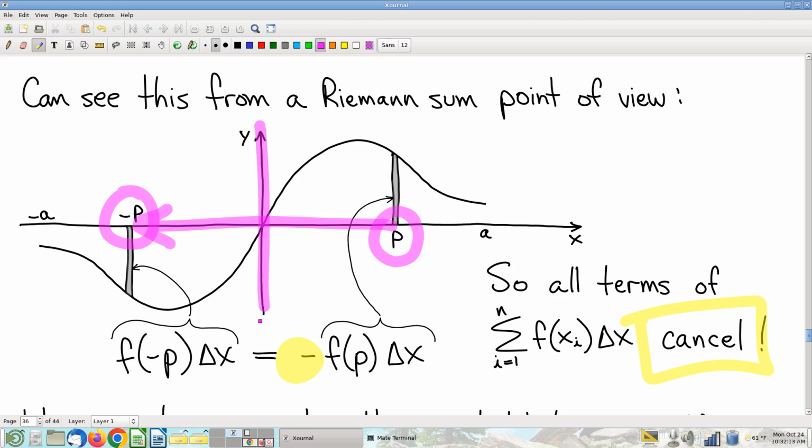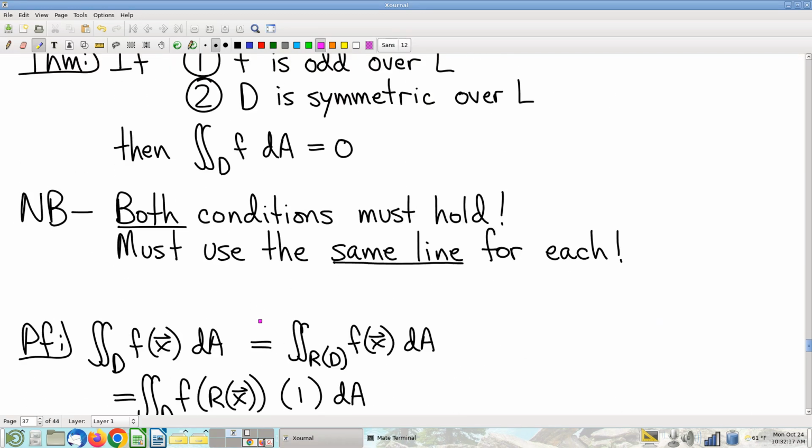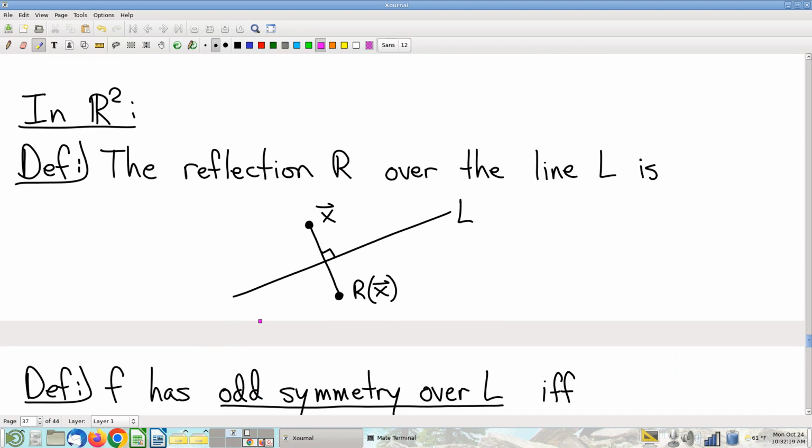Right? It's just the mirror image on the other side of the origin. Well, you can do that with any line in the plane. With any line, you can talk about, for a given point x, where is its reflection?